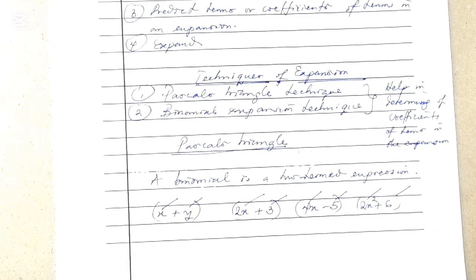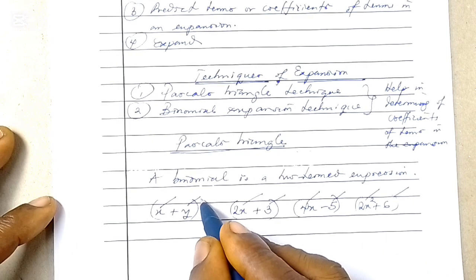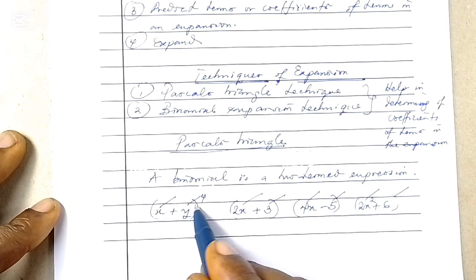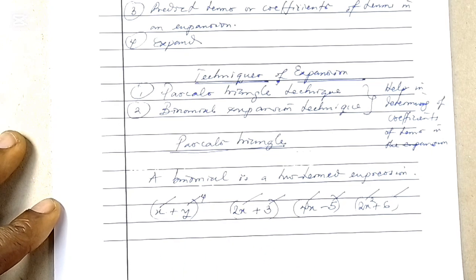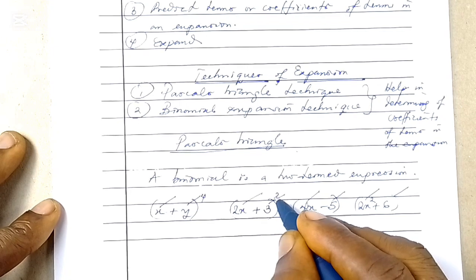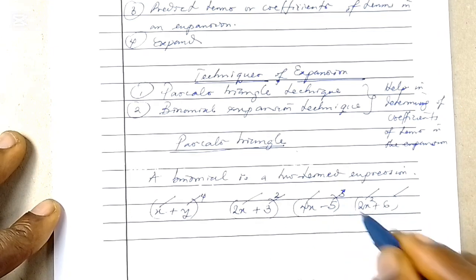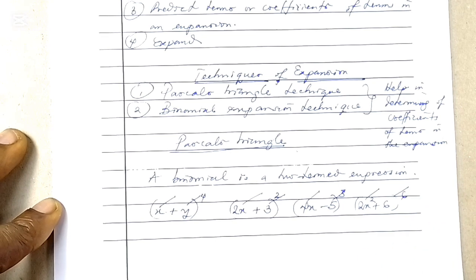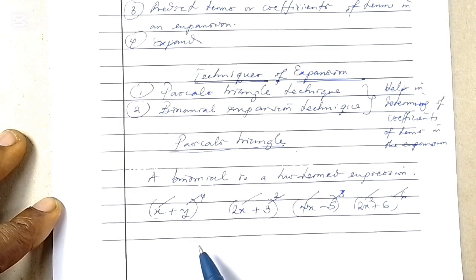Now, when does expansion come into play? If a binomial is a two-termed expression, putting a power to this two-termed expression, such as x plus y all in brackets raised to power 4, or putting a power such as 5 or 6 to this, now makes room for what is called an expansion of this binomial.